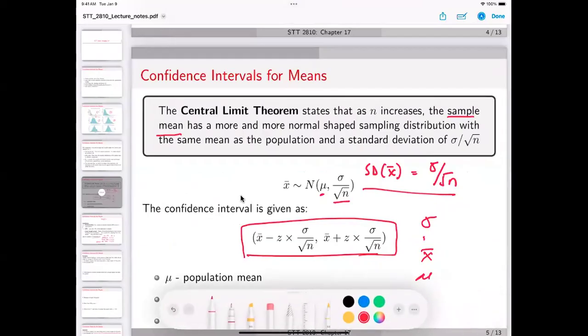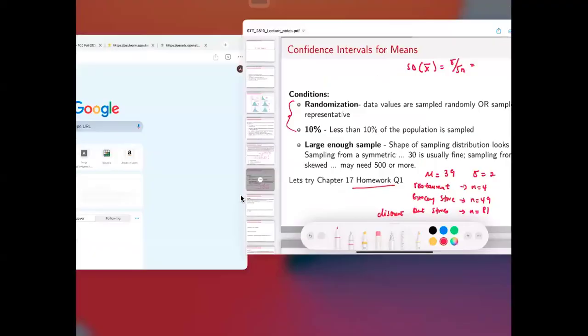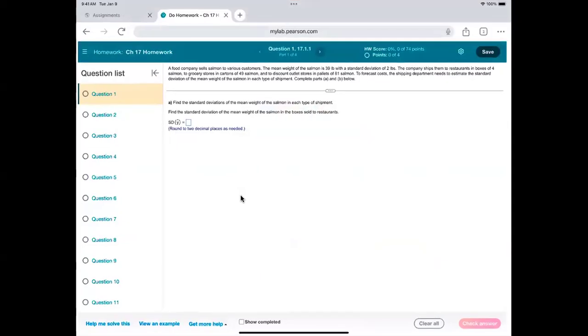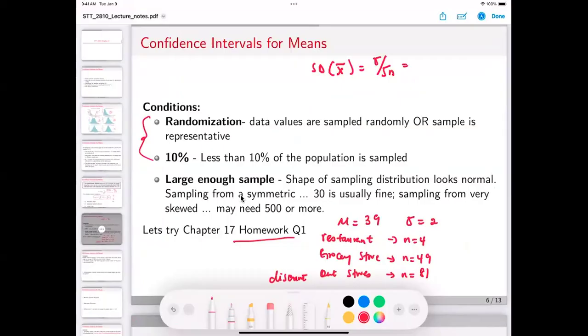So it's the same thing we want to apply. For the restaurant, what is the population standard deviation? This is the population standard deviation divided by root n. So for the first one, we are looking for what they send to restaurants. So what is the standard deviation?